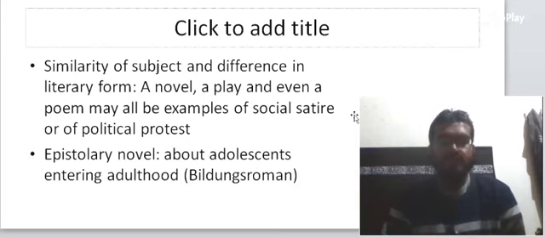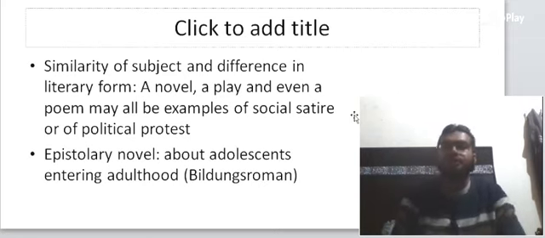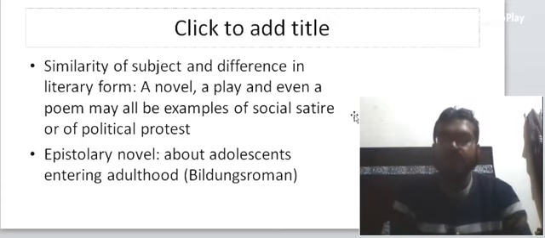So here sometimes different genres of literature deal with a similar subject. Their subject matter or theme is similar, is common. But since their literary form is different, we categorize them differently. So we use multiple criteria to define a certain work.